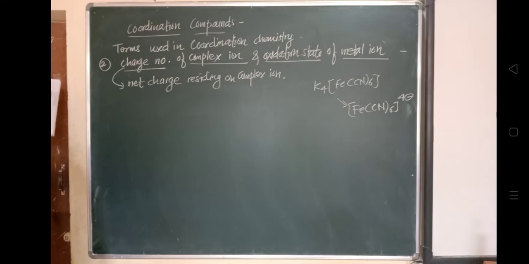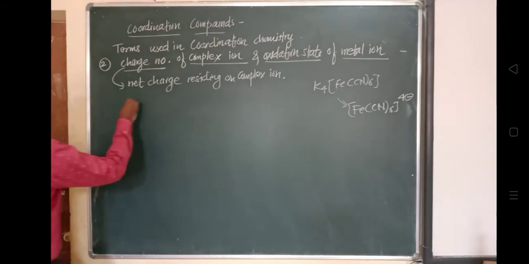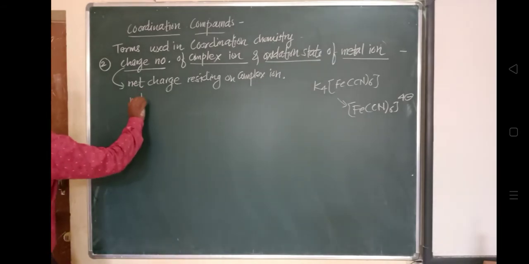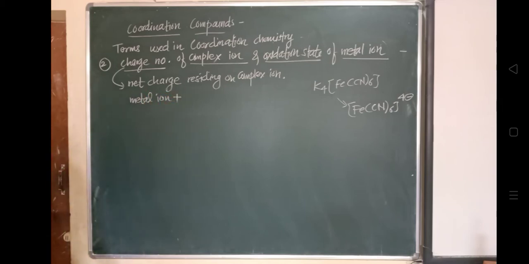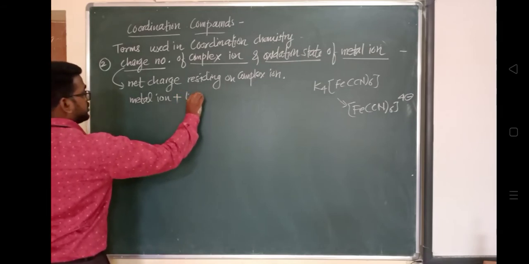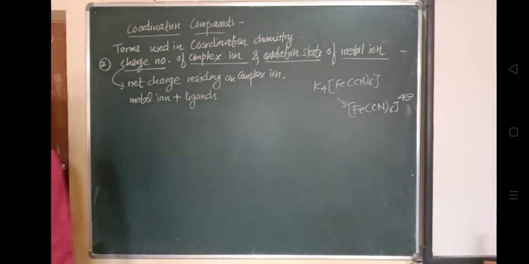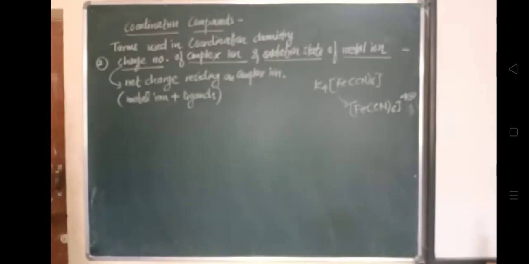So the algebraic sum of the charges of this metal ion plus ligands, these will decide what is the charge number for a complex ion.